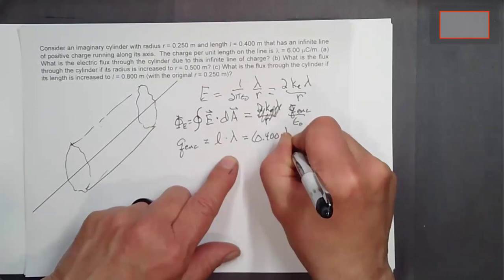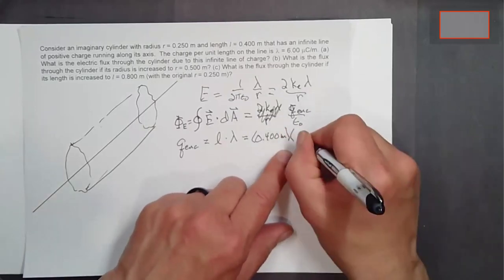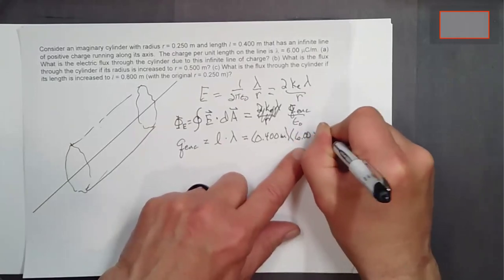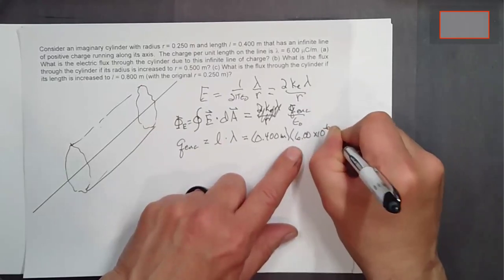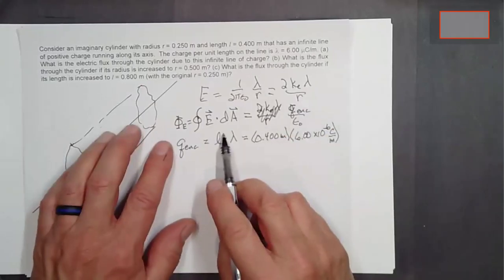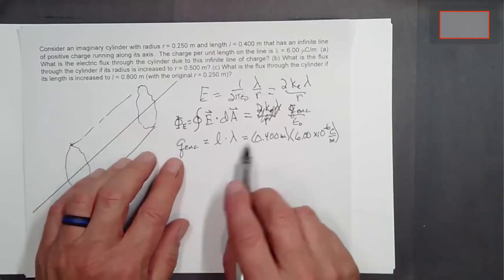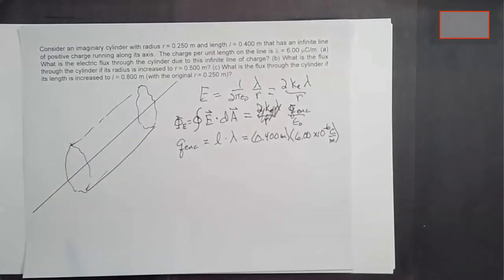I don't have to do a whole lot of calculation on this thing, times 6.00 times 10 to the minus 6th coulombs per meter. Oh, wait, it was asking what the flux is. Oh, I'm figuring out the charge enclosed. All right. There we go.